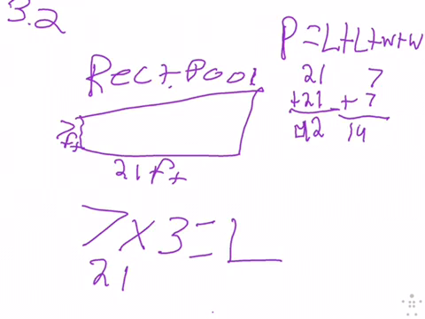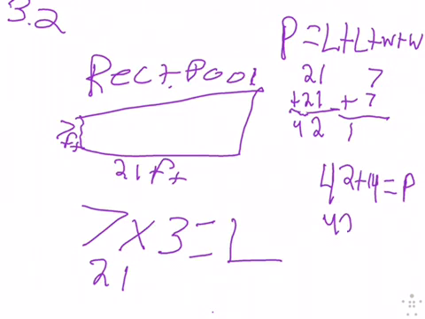But we're not done. You need to add your lengths plus your width. So 42 plus 14 equals P, because that's our perimeter. Remember, perimeter goes all the way around the rectangle. All right, let's add up 42 plus 14.